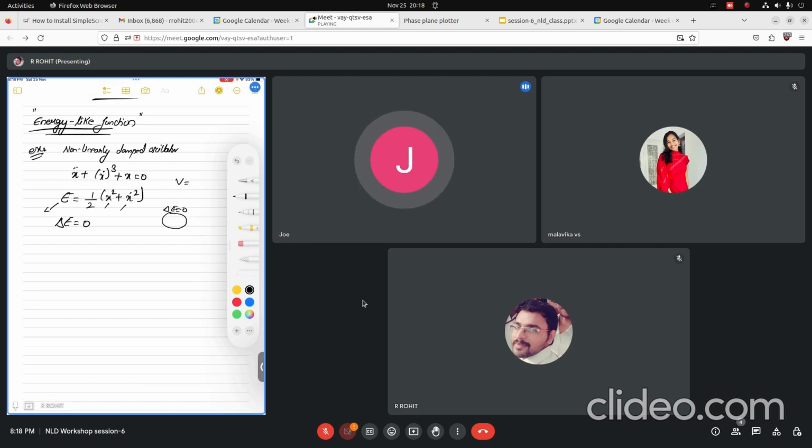If x dot is 0, then it's a fixed point, it's not a closed orbit. So if delta E is equal to 0, then it should be around a closed orbit.